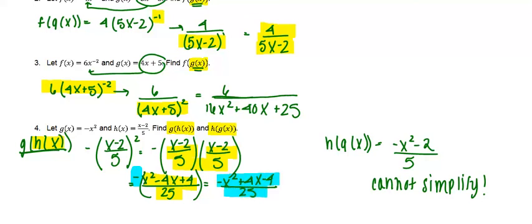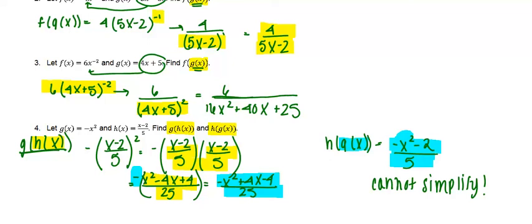So x minus 2 times x minus 2 gives me x squared minus 4x plus 4. And 5 times 5 is going to get us positive 25. The last thing I have to do is distribute this negative sign that's on the outside. So my final answer is going to become negative x squared plus 4x minus 4, divided by 25.